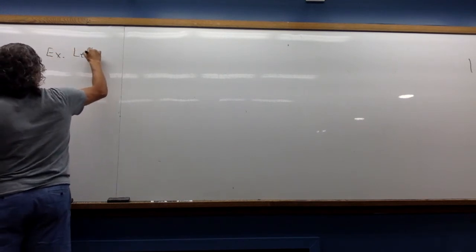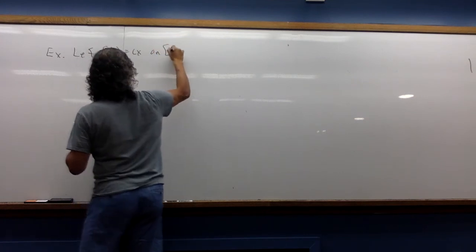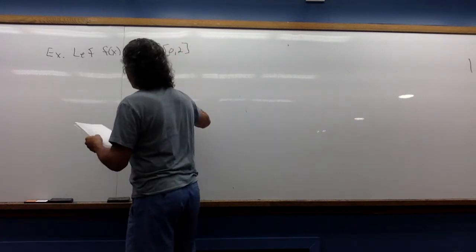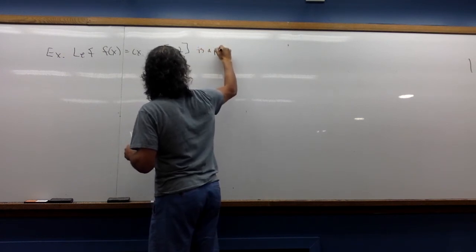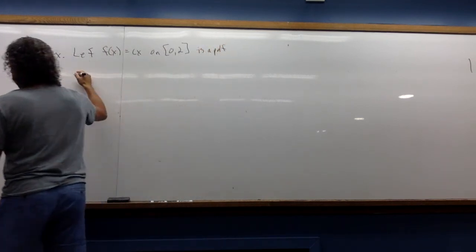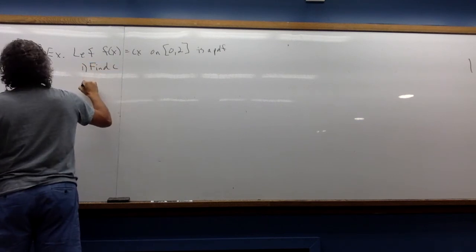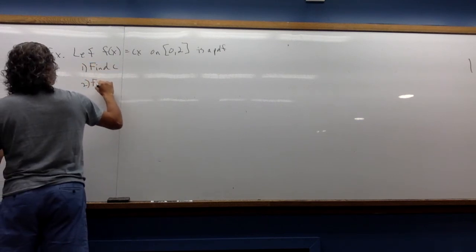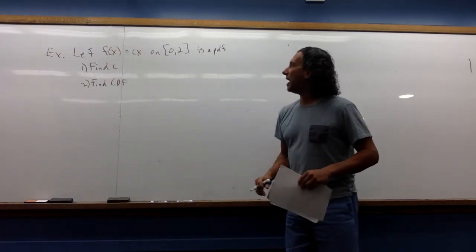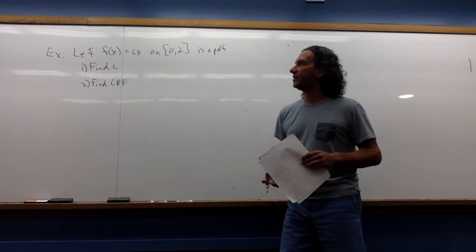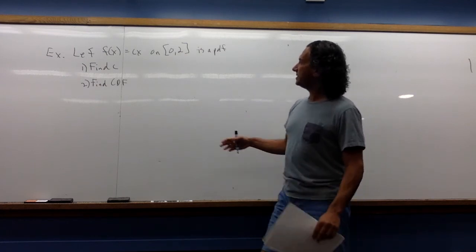Let's let f of x equal c x on the interval 0 to 2. Let's say this is a PDF. Let's first find c, and second find the CDF. So you're welcome to try one or both parts and pause the video. All right, regardless, let's now do it together.